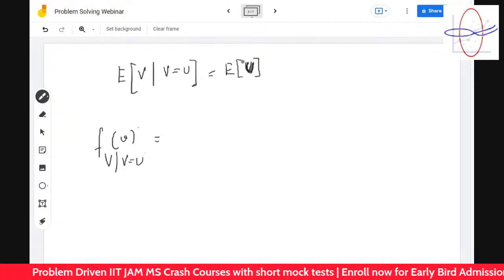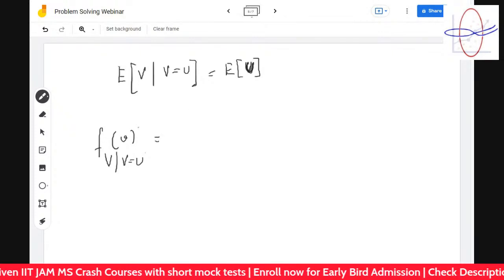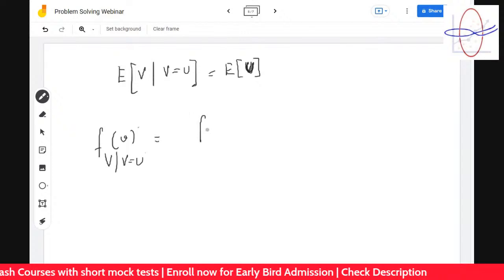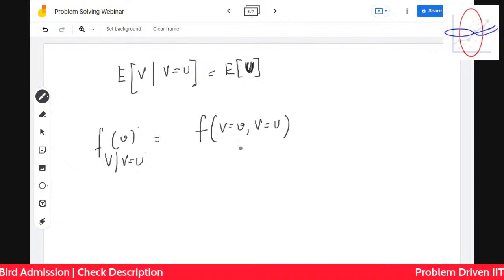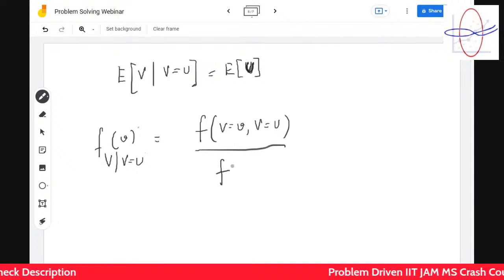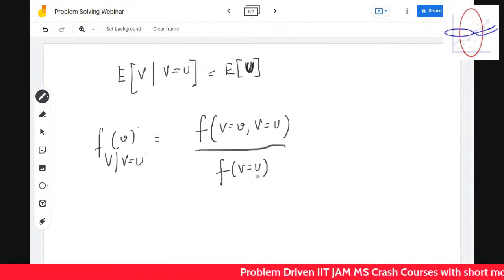That means what? Let's do it from very basics, okay? So we are using conditional distribution.